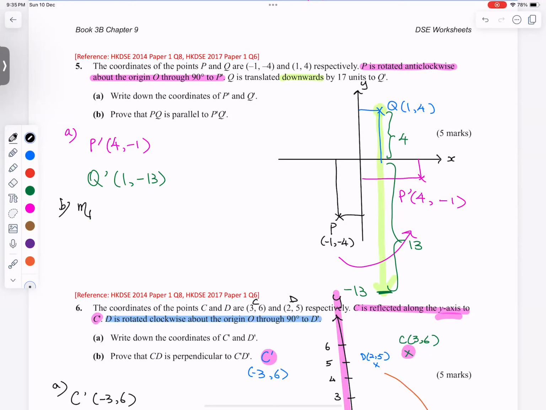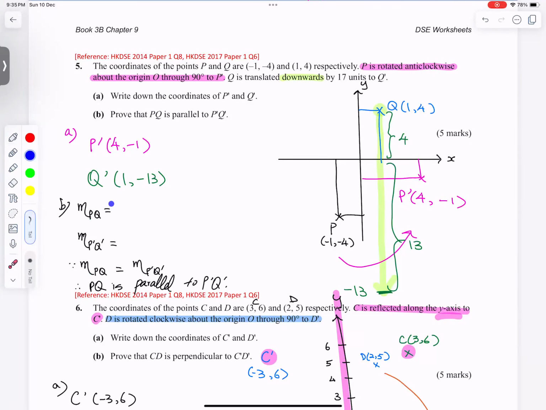Find the slope of PQ. Find the slope of P dot Q dot. And then are their slopes equal to each other? If they are equal, then we say PQ is parallel to P dot Q dot.